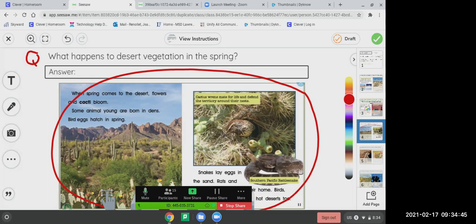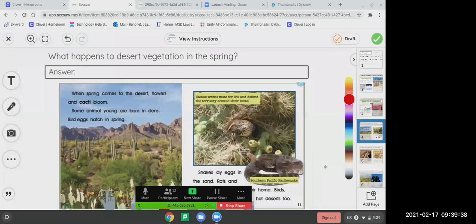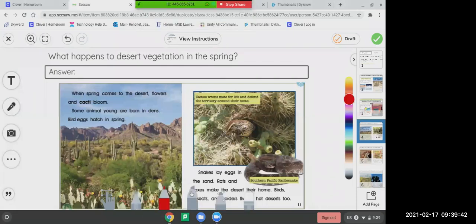Our question says, what happens to desert vegetation in the spring? Your task is to work on slide 4 with your group. Our question on slide number 4 says, what happens to desert vegetation in the spring?